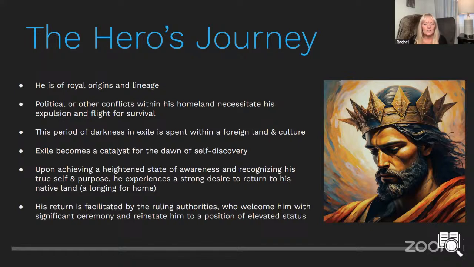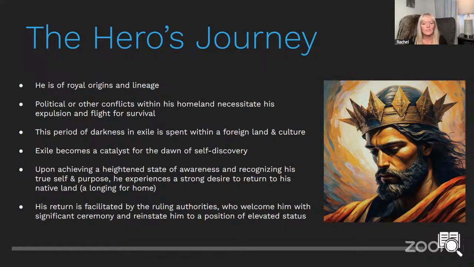But so the hero's journey, I'll just hit these bullet points really quick. This person, which is all of you, actually, each one of us really, is of royal origins and lineage. And because of political or other conflicts in his homeland, he has to leave and flees. And then, like we mentioned, there's this wilderness journey during this period of darkness when they're expelled to a foreign land, a different culture.